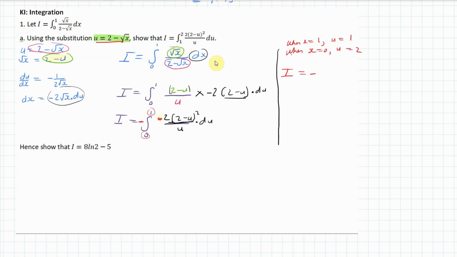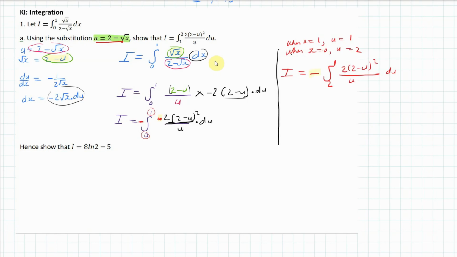I equals negative, and then we've got, now you've got to replace it carefully. So when x is 0, I've got a 2 here, doing limit 2, and a 1 here. And now I've got 2 into 2 minus u all squared over u du. And now I'm just about there.